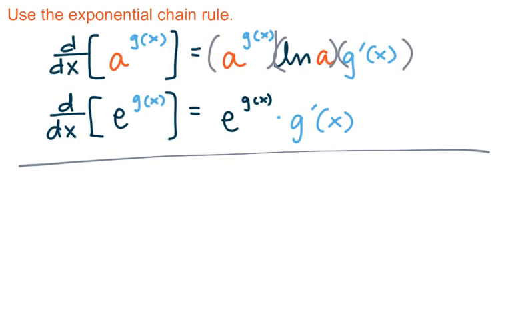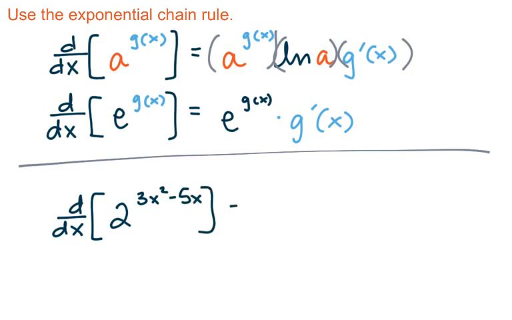So if I asked you to find the derivative with respect to x of 2 to the 3x squared minus 5x, well, that would be 2 to the 3x squared minus 5x.